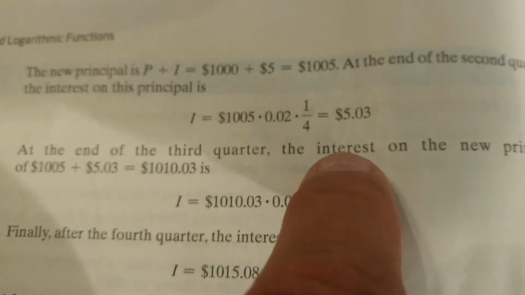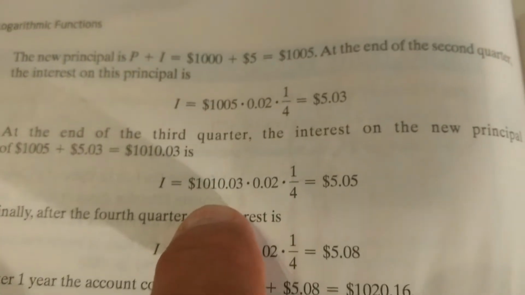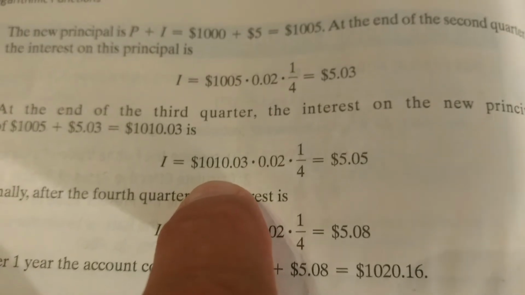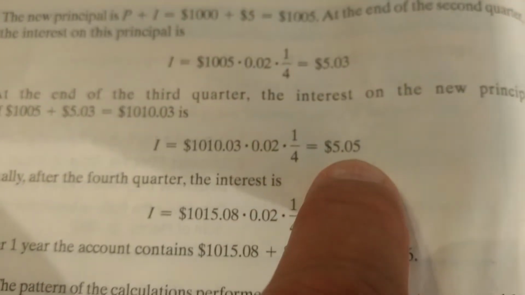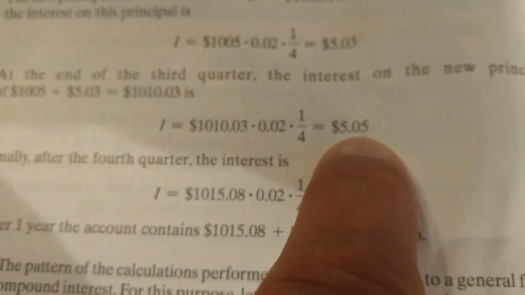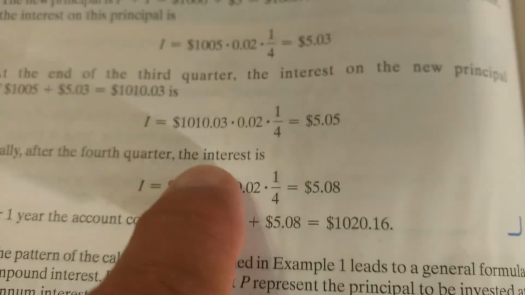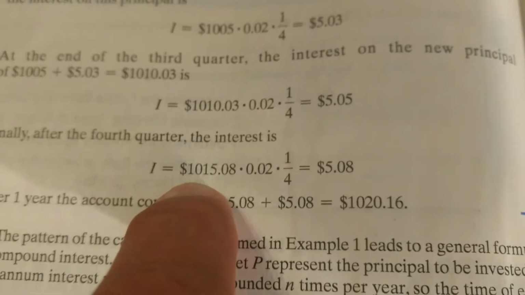Now what we're going to do is take that $5.03 and add it to the 1,005. Now we're going to go to the third quarter. So now we have 1,010.03 times the same numbers, 2% here. We gain $5.05 interest, and that's from July, August, and September. We then add that to the 1,010.03, we get 1,015.08.